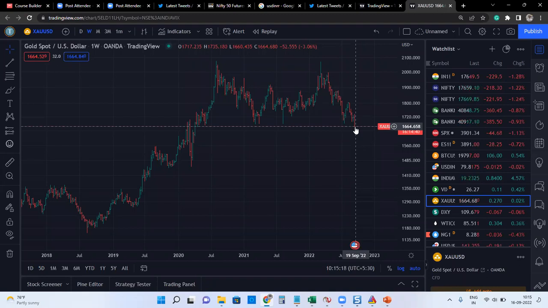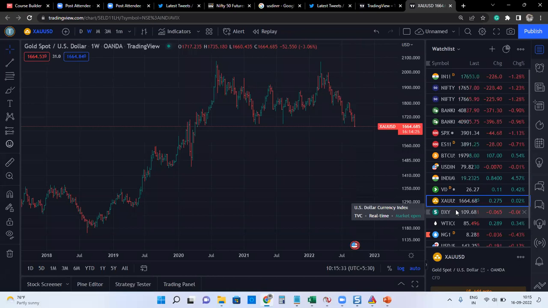There are times when we do have a strong correlation between gold and JPY. So USD JPY: if USD JPY goes down, gold will go up. If USD JPY goes up, then gold will start coming down. That kind of correlation does exist.